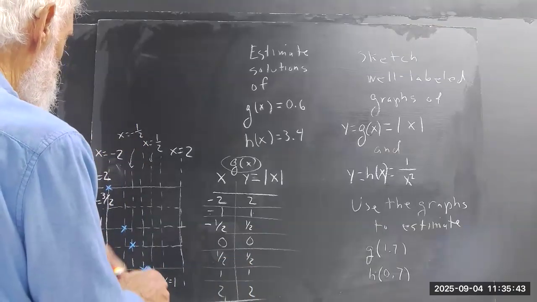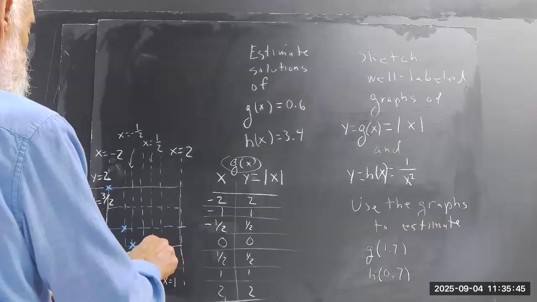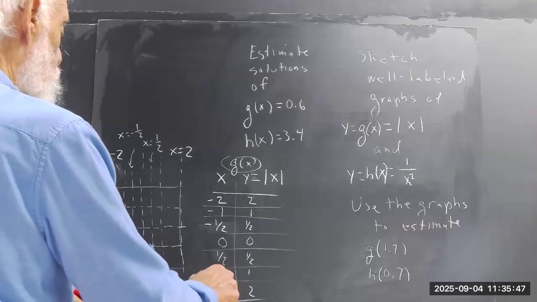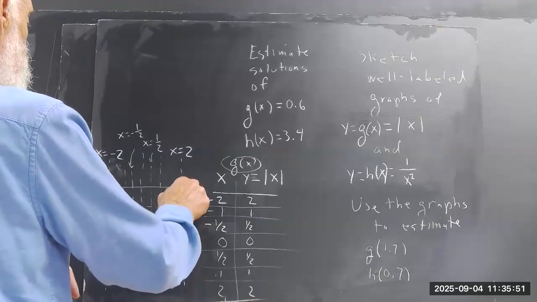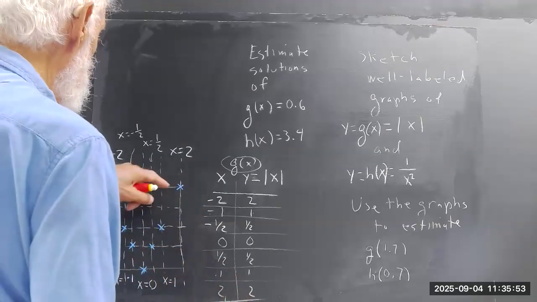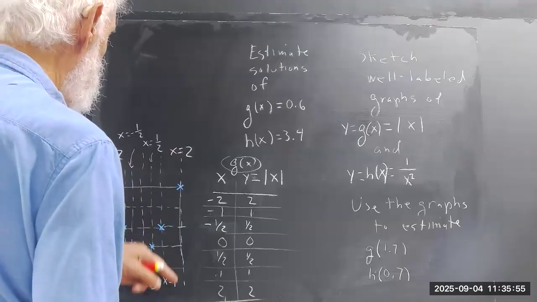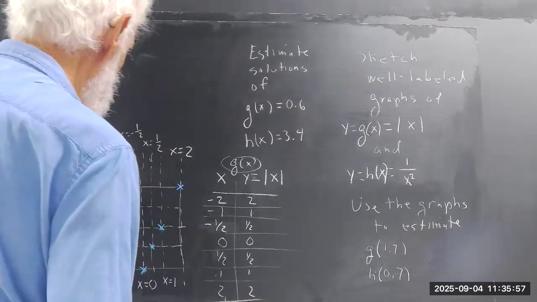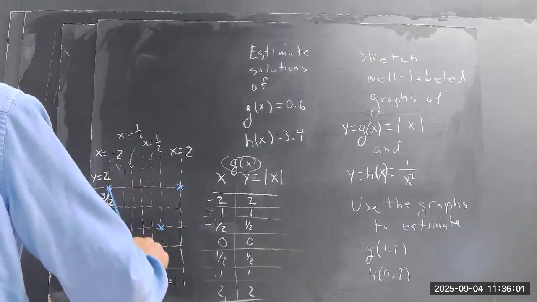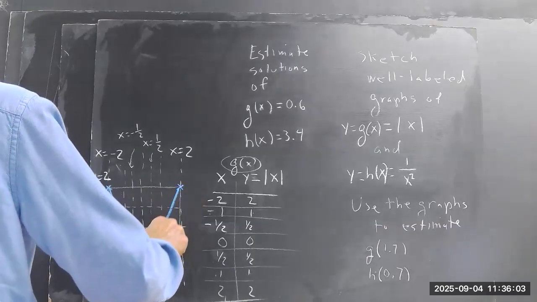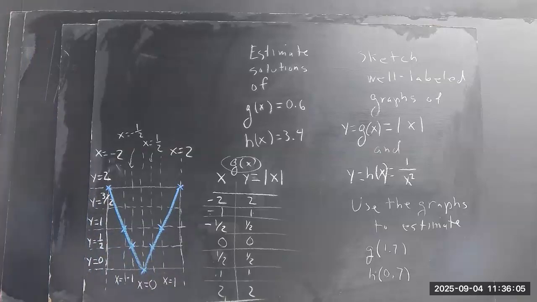The x equals 1/2 line is here. The y equals 1/2 line is here. 1, 1. The x equals 1 line. The y equals 1 line. And 2, 2. The x equals 2 line here, and the y equals 2 line here. And there are the points. And that's the absolute value function.